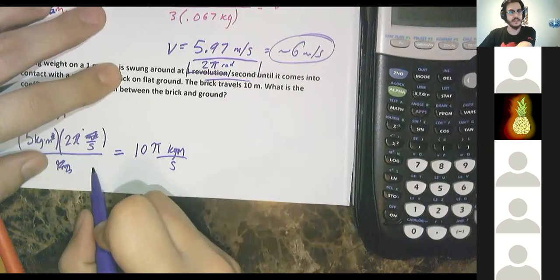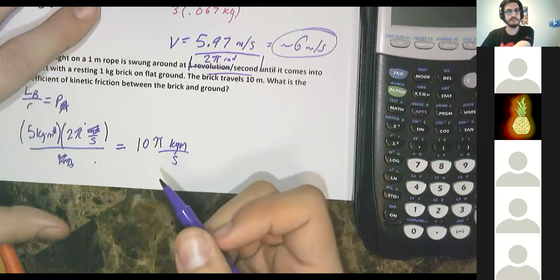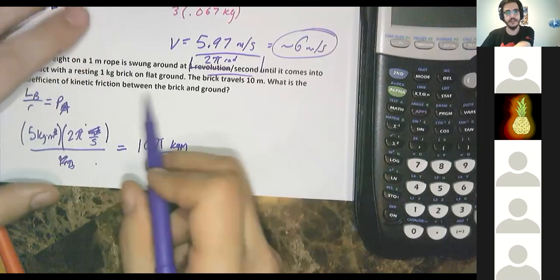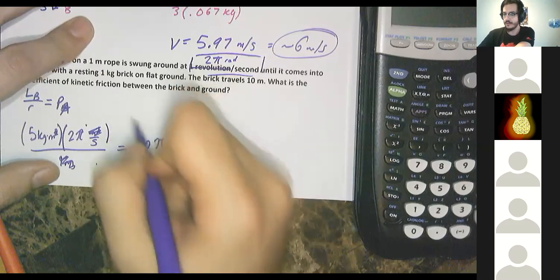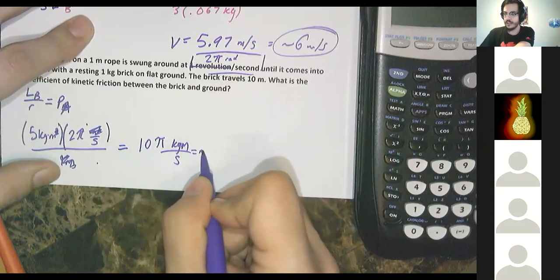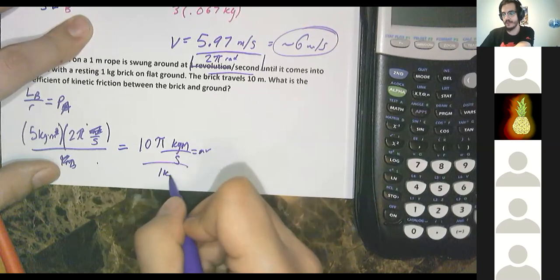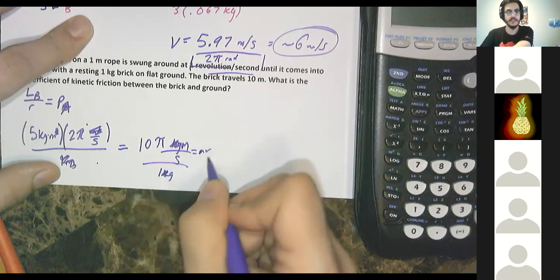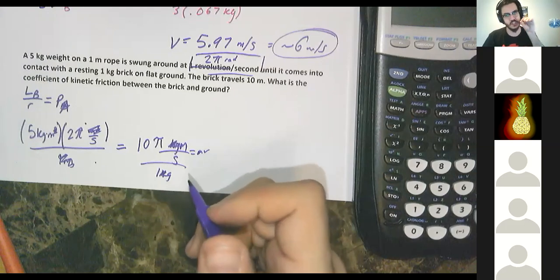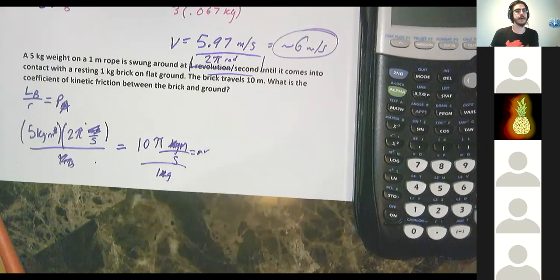What does that make the velocity of the brick afterwards? Well, it's a 1 kilogram brick. So this is equal to mv. This is a 1 kilogram brick, so this divided by 1 kilogram. The velocity that the brick starts to move at is 10 pi meters per second.